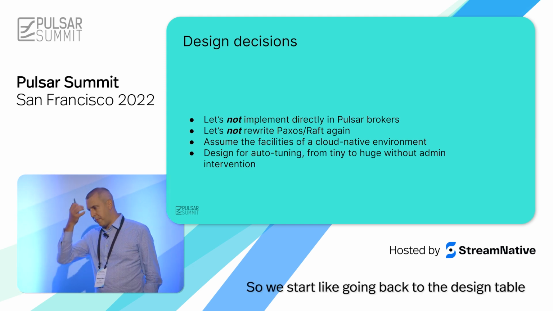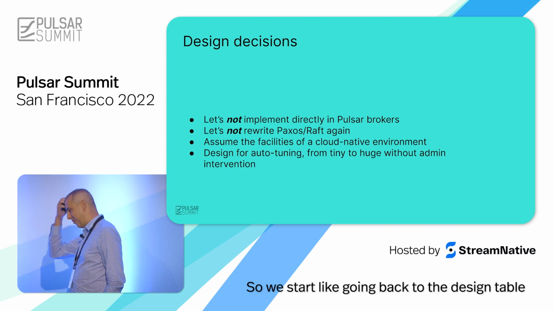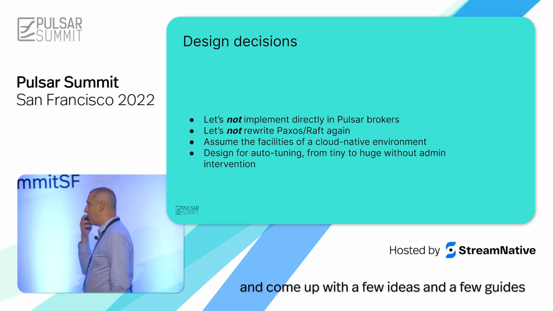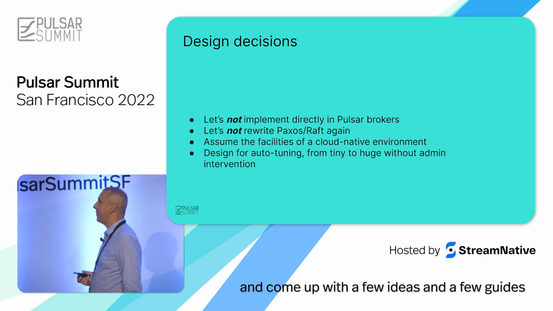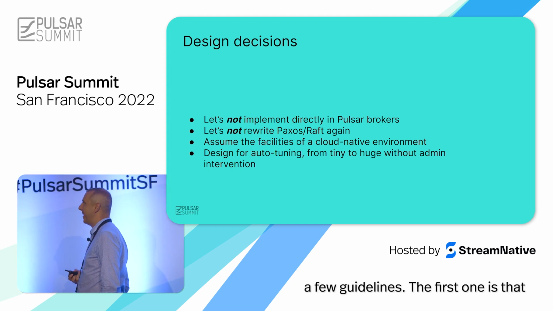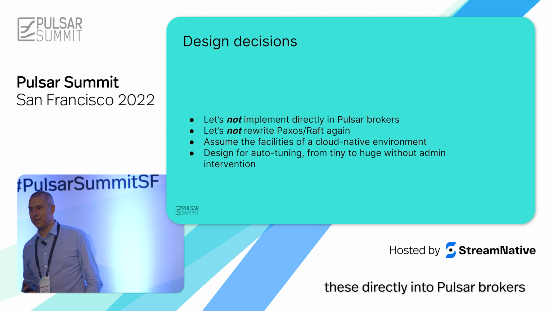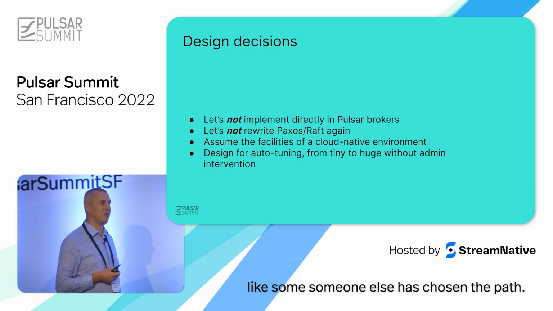So we started going back to the design table and the whiteboard and came up with a few ideas and a few guidelines. The first one is that we don't want to implement this directly in Pulsar brokers, like someone else has chosen the path.